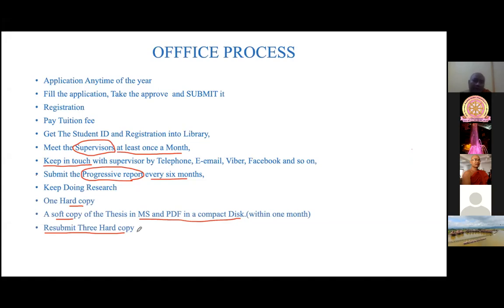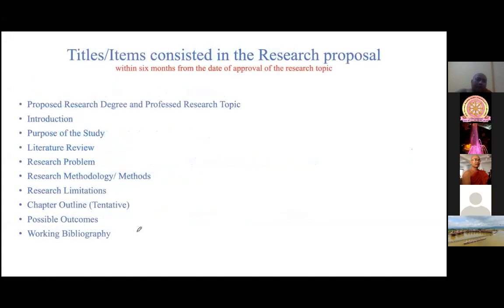Okay, next slide, please. The titles consist in the research proposal within 6 months from the date of approval of the research topic. In your research proposal, these 10 titles must be included. First, the proposed research degree and research topic.